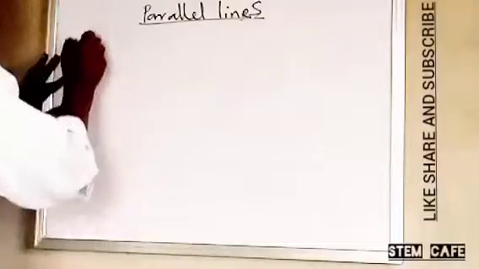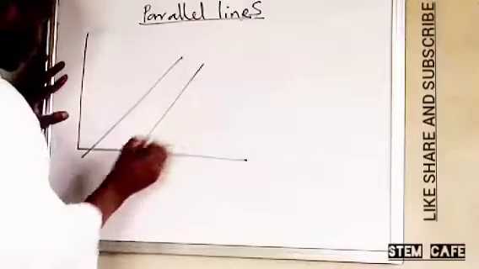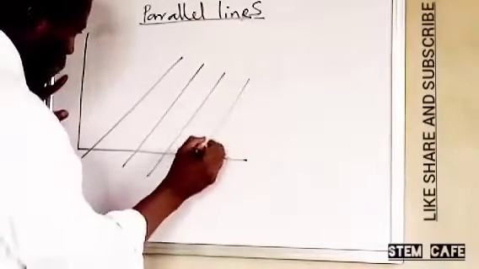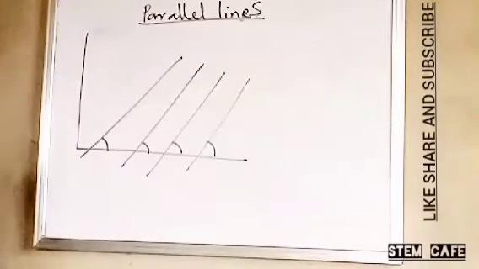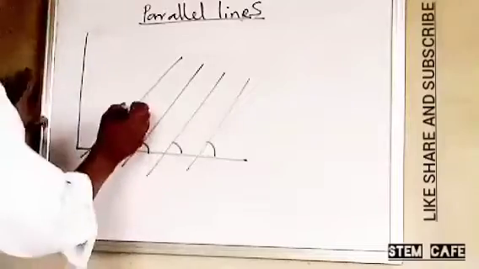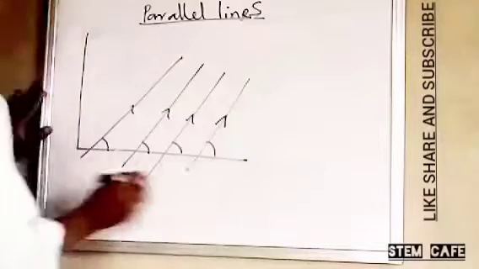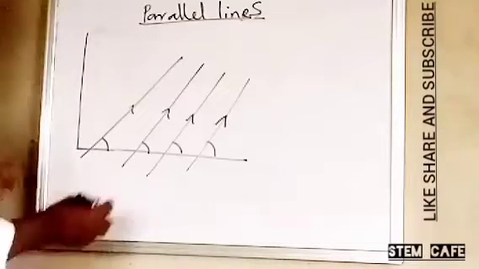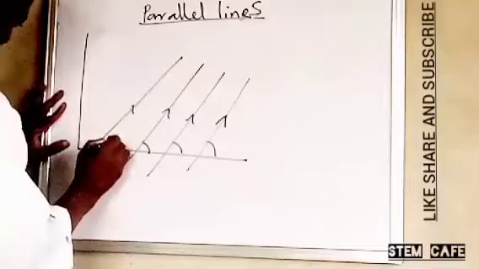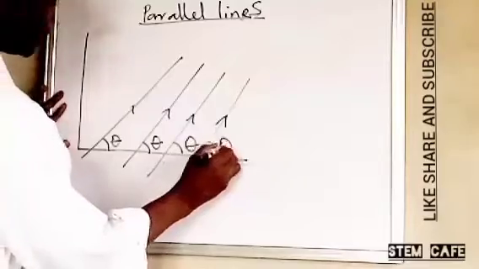Parallel lines. We have parallel lines like this, and a straight line that cuts through. You can refer to it as a transversal or whatever. It shows that this angle here will be equal to this angle here, will be equal to this angle here, will be equal to this angle here.